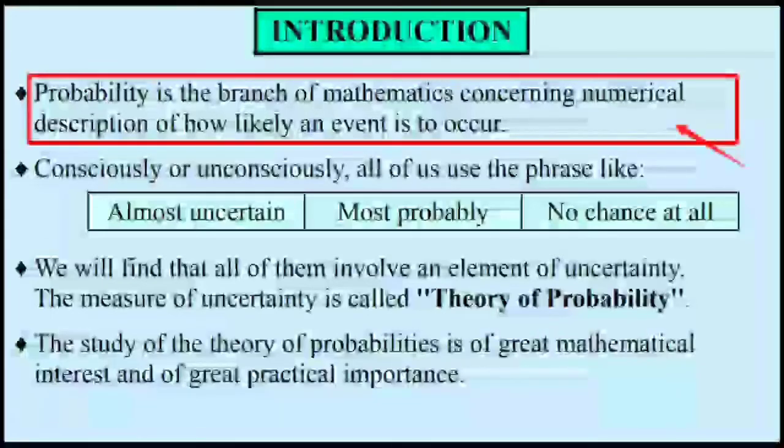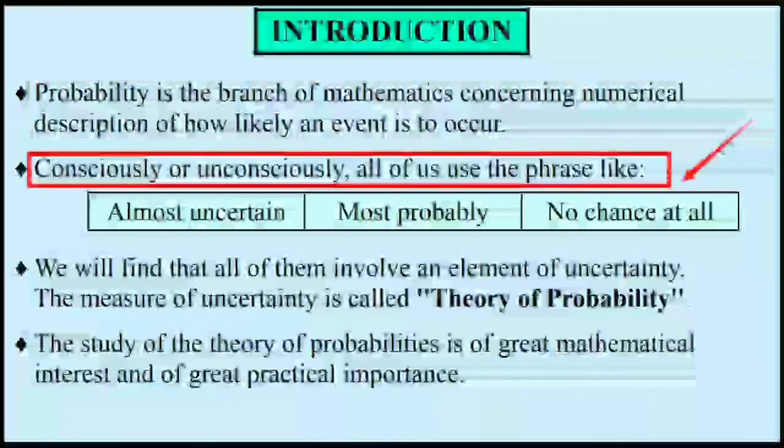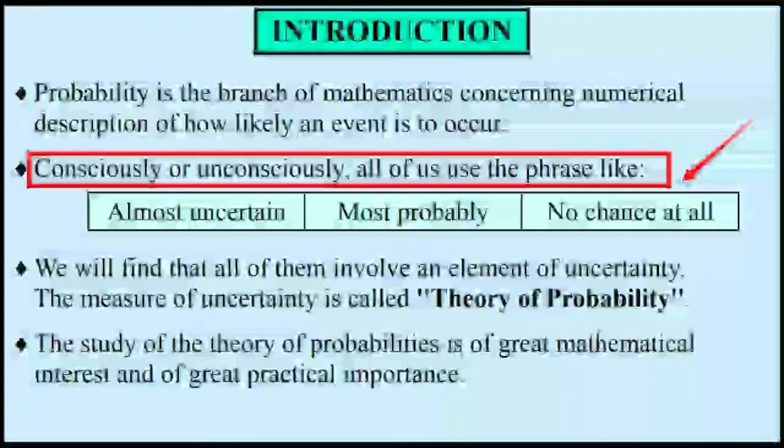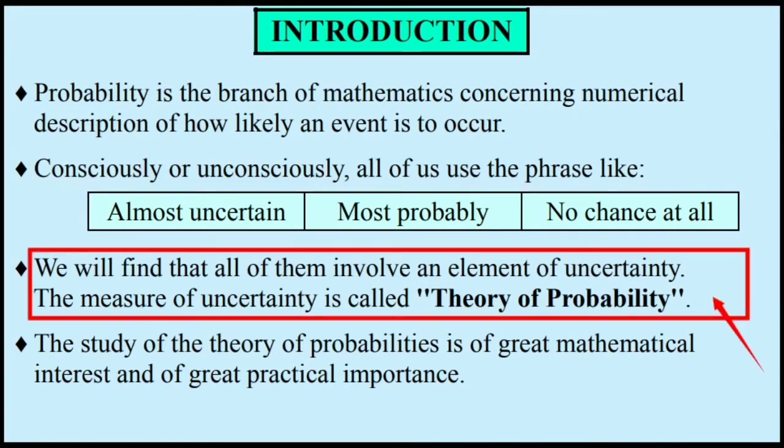Introduction. Probability is the branch of mathematics concerning numerical description of how likely an event is to occur. Consciously or unconsciously, all of us use phrases like almost uncertain, most probably, no chance at all, etc. We will find that all of them involve an element of uncertainty.